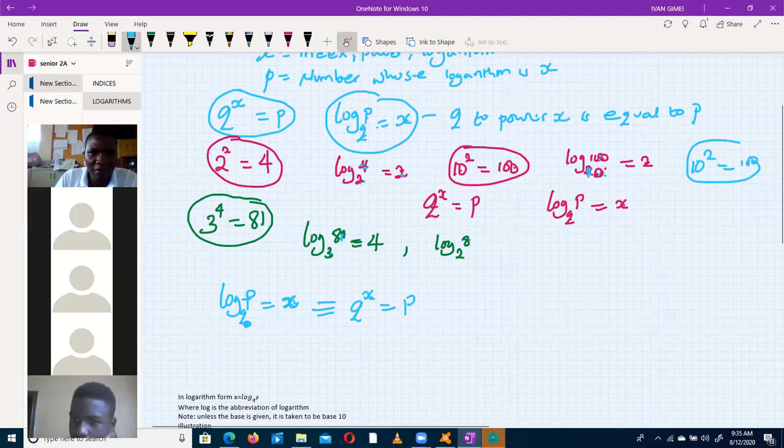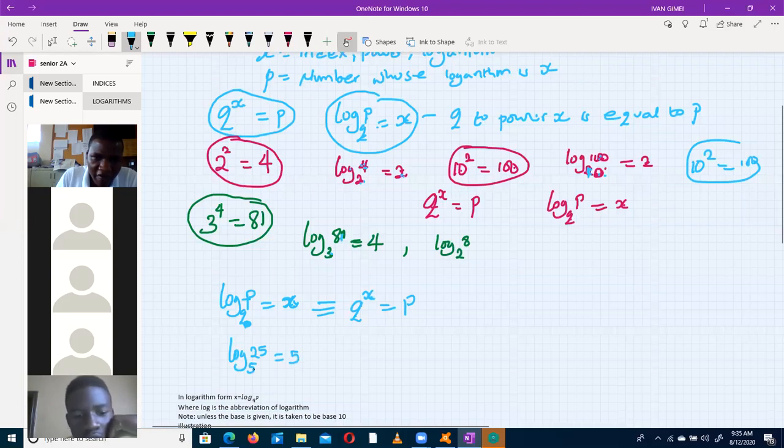Here, another one. Let me give you another one here. Logarithm of, let's say, 25 base 5. What will be the answer? Yes, it will be 5. Is that correct?